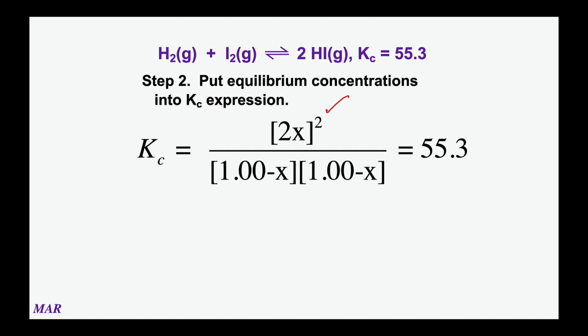So notice that that stoichiometry of 2 popped in two ways. It's the change, that part right there, and it's also the order. That's kind of cool. And then in the denominator, we'll have the H2 and the I2, and both of them are 1 minus x. So it's like 1 minus x times 1 minus x. You can imagine we can abbreviate that as 1 minus x quantity squared, which is kind of cool.